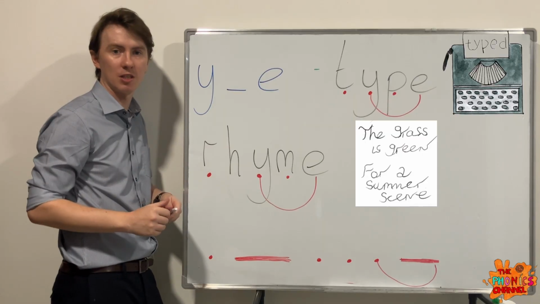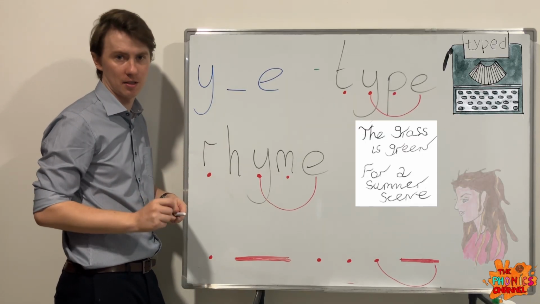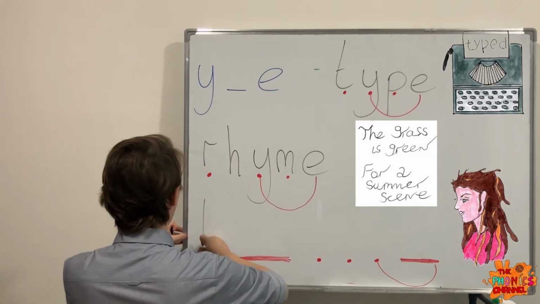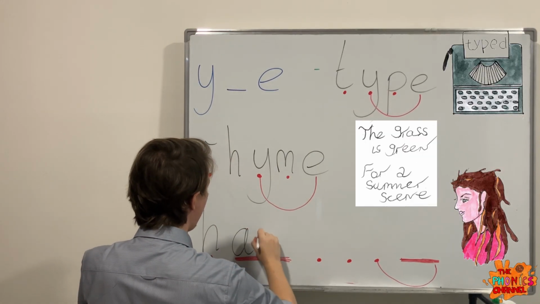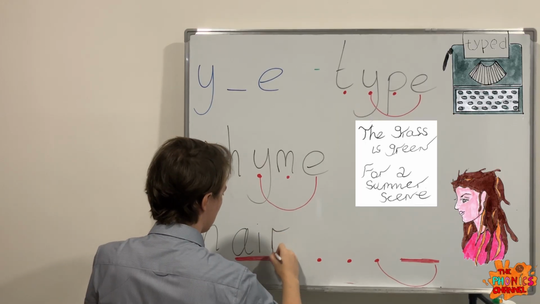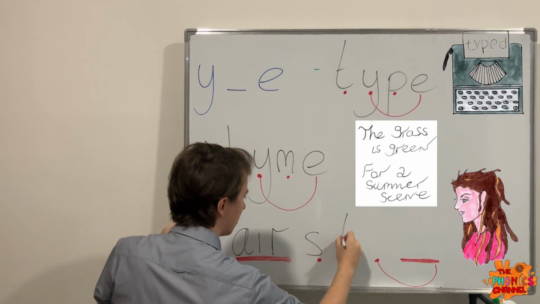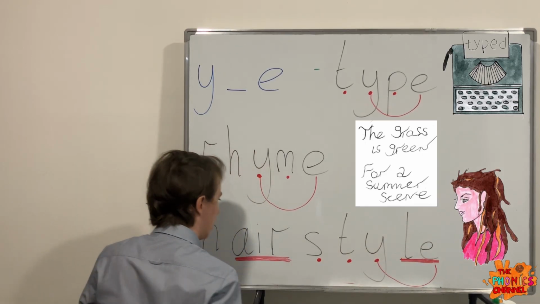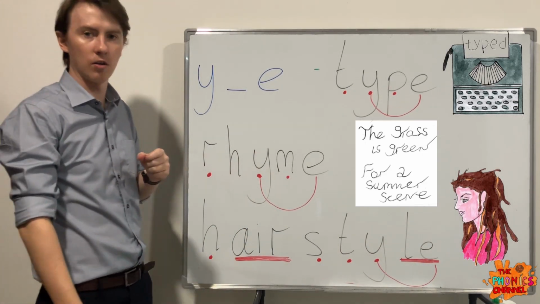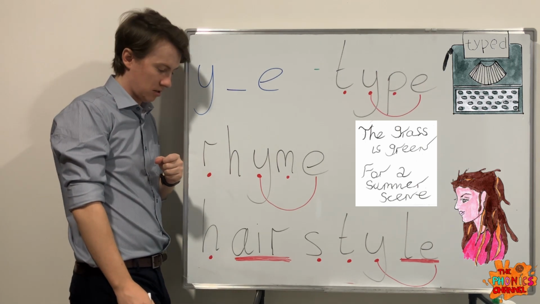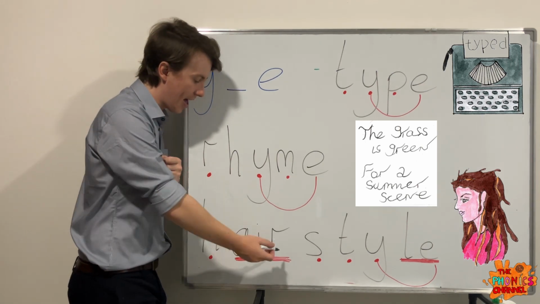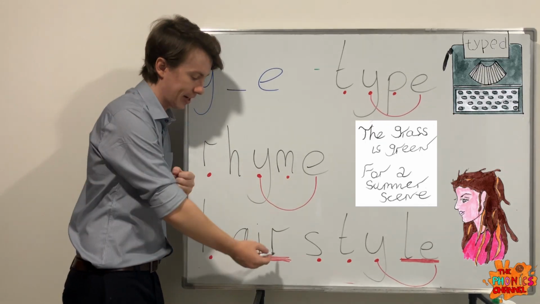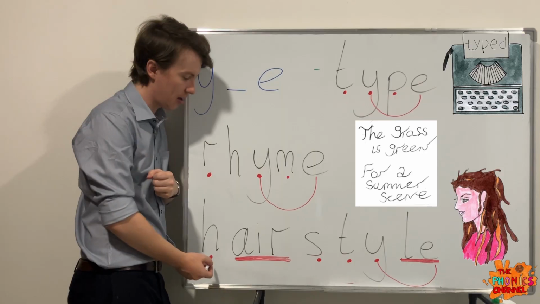And our last one is hairstyle. Hairstyle. H, E, S, T, I, O. Hairstyle. Again, a lot going on with this one phonetically. It's quite a long one. We've got hair, which can be a word by itself, with a trigraph here.